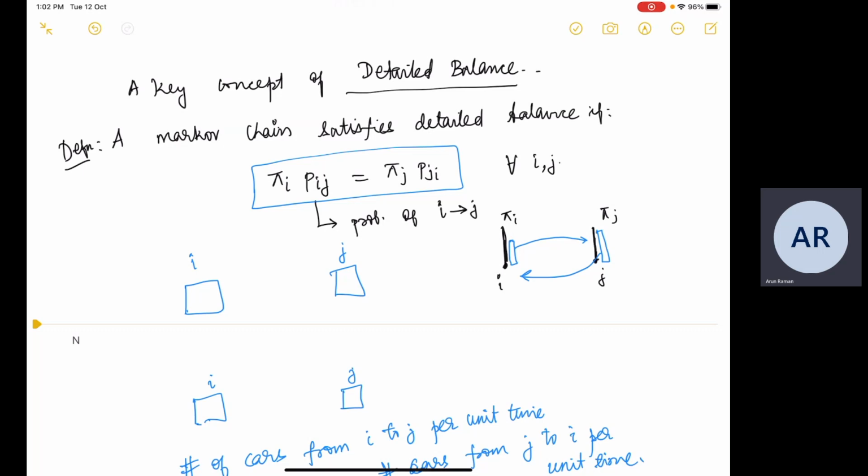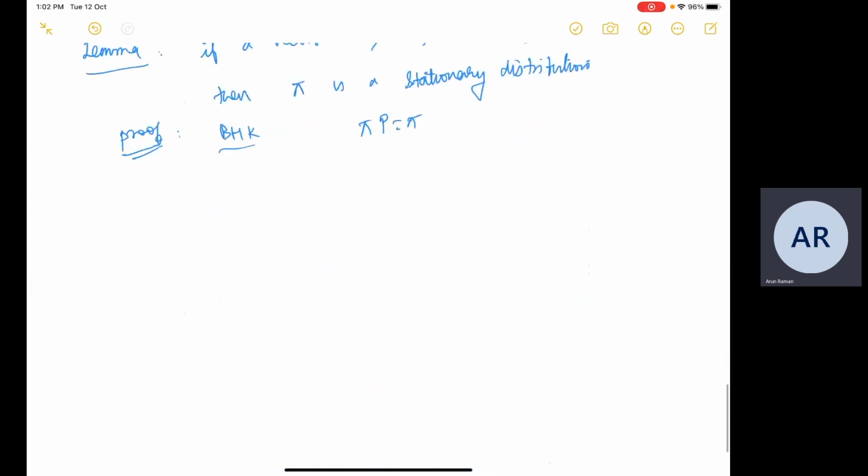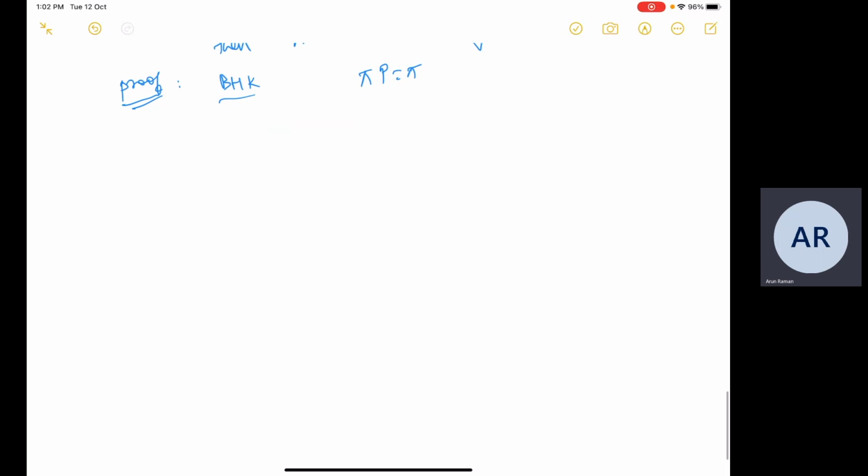If it is stationary, it does not mean that the detailed balance has to be satisfied. What the proof says is that if the detailed balance is satisfied, then pi is a stationary distribution. The Metropolis Hastings algorithm will give us a method of generating p such that the detailed balance is satisfied. That is what we will be looking at next.